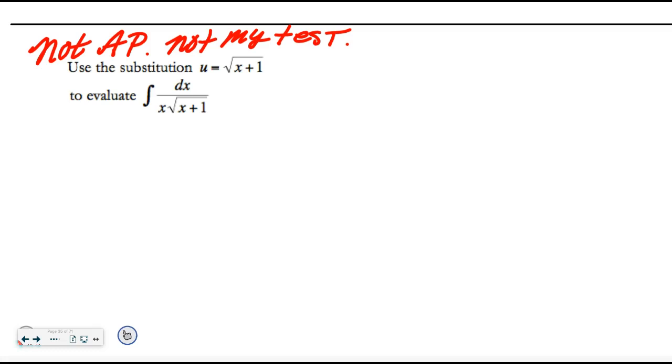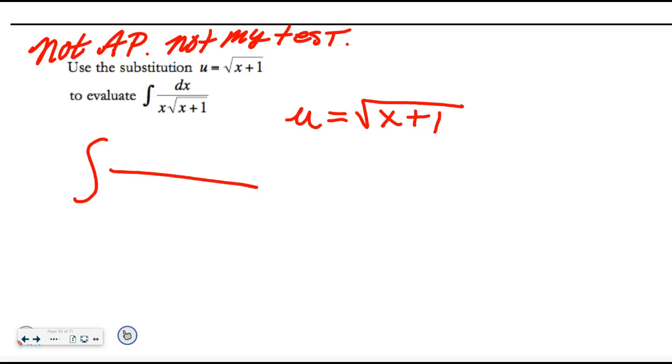So this one tells me what to use as the substitution, all right? It says use the substitution u equals the square root of x plus 1. So let's start. Boom. Right? That whole thing, u. You good? Now what?